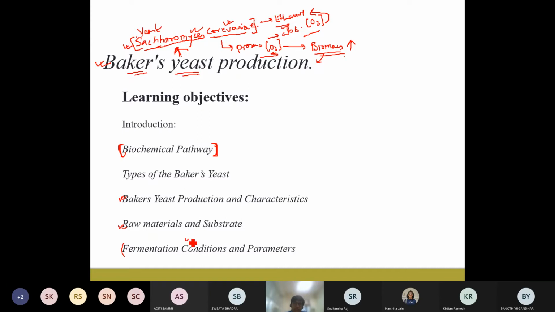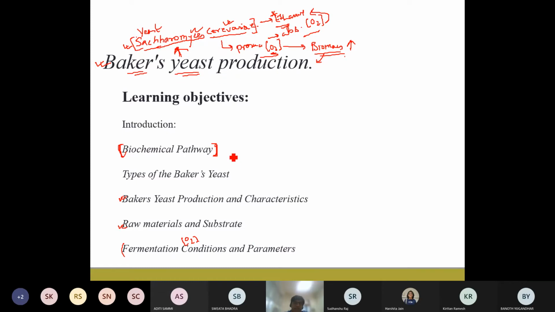In this case we need to supply a particular concentration of oxygen to the fermentation media, so that we have the production of biomass and no production of ethanol. We will look into how these fermentation conditions are controlled and how the parameters are optimized so that we obtain a higher baker's yeast concentration or biomass.